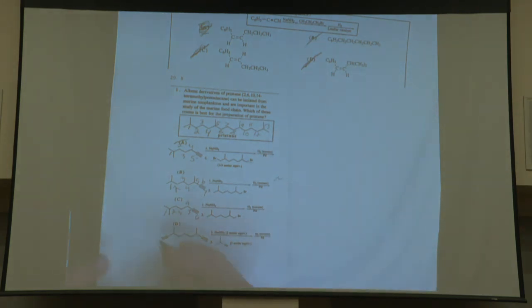Do you guys see that? How it doesn't have enough carbons, even if I was to add another little fishtail right here, it wouldn't be enough. It would be 11. And I need 13. So that one's definitely wrong.